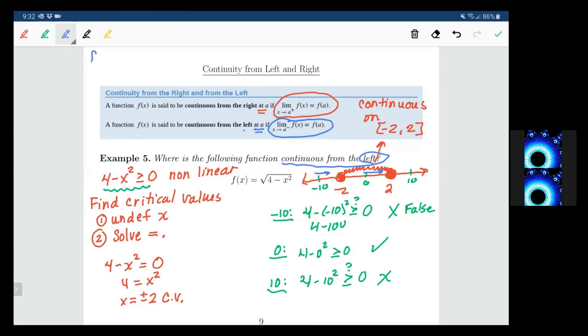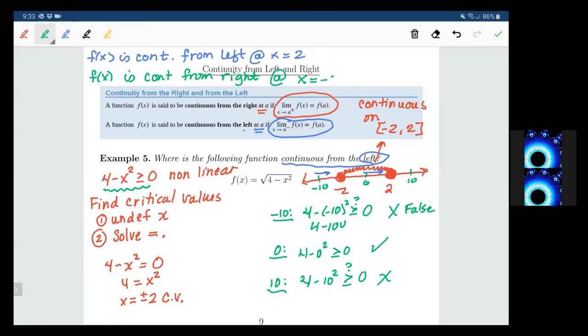So we can say f of x is continuous from the left at x equal to 2. Of course, we could also answer the right-hand question too. We could say f of x is continuous from the right at x equal to -2.